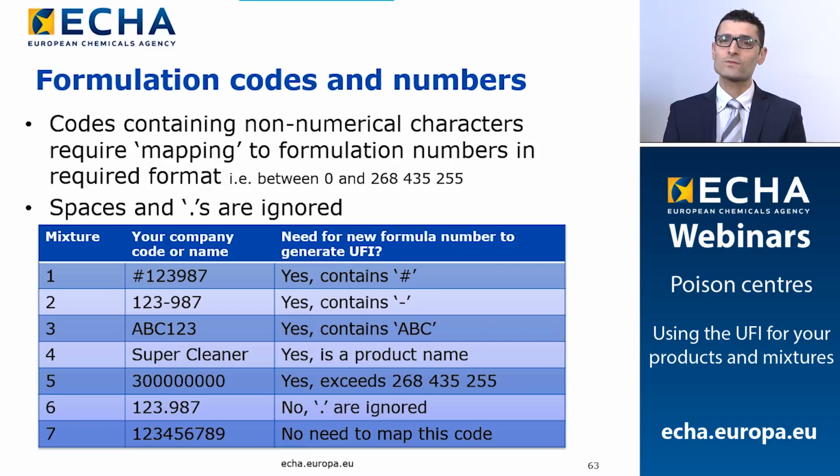Example 5 contains only numbers, but it will still require a new formulation number because it exceeds the maximum number allowed by the required formulation. Finally, example 6 contains a decimal point, which is ignored by the system, so it can be reused to generate the UFI. And so can example 7, as it fits the required format. So basically, only these last 2 example formulation codes do not need additional mapping.